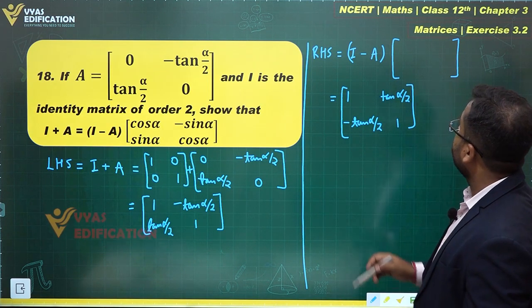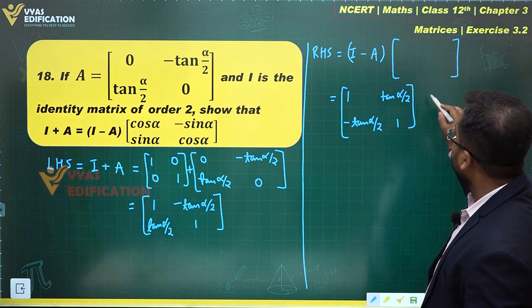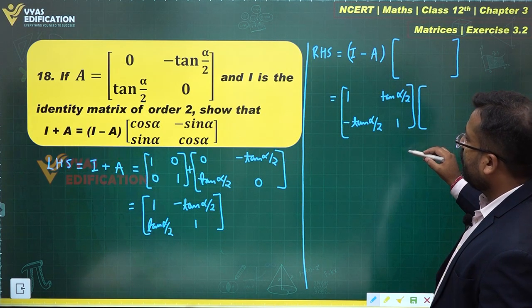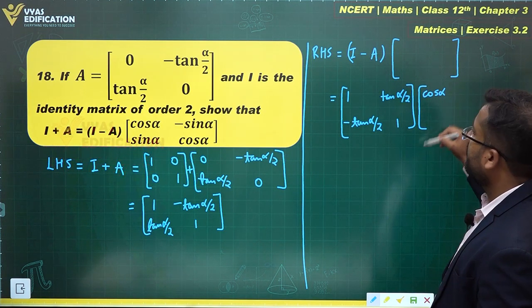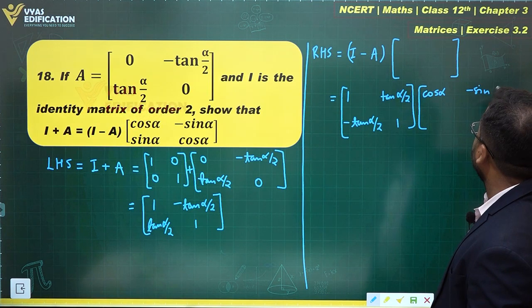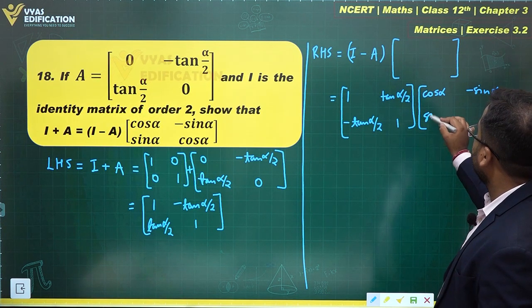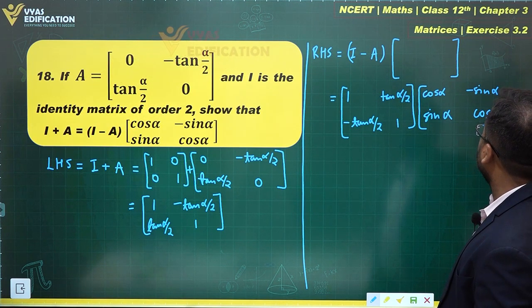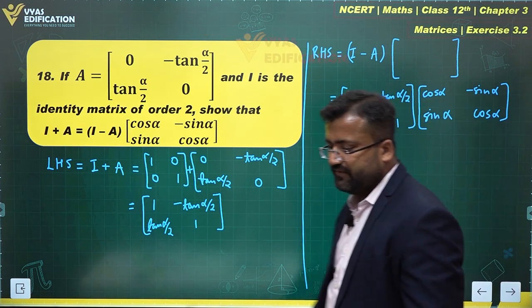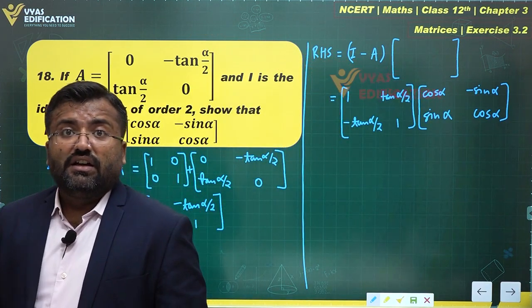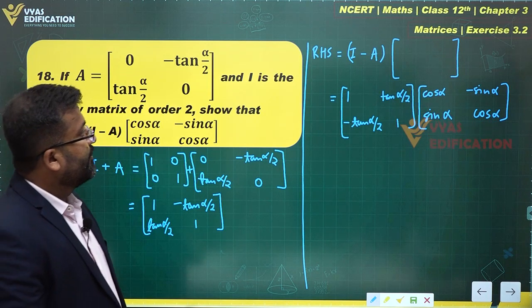This is the matrix. And what's the other matrix? The other matrix is cos alpha, minus sin alpha, sin alpha and cos alpha. That's what you have, right? That is the RHS for us.